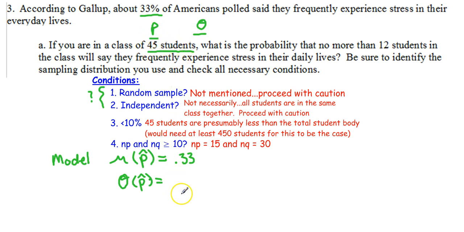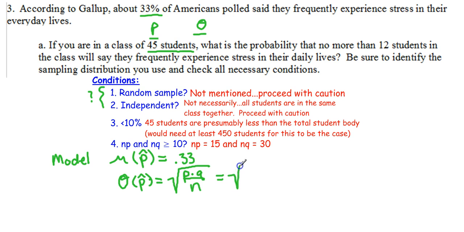p-hat is. Alright, so we calculate the standard deviation by taking the square root of P, the population proportion because we know it, times Q, over whatever our sample size is. And so we're going to plug in our values here.